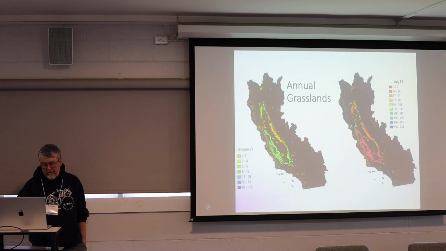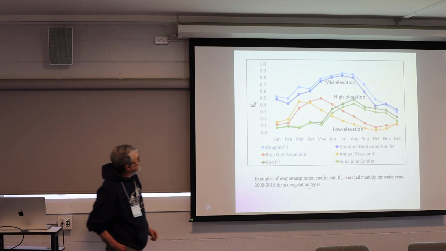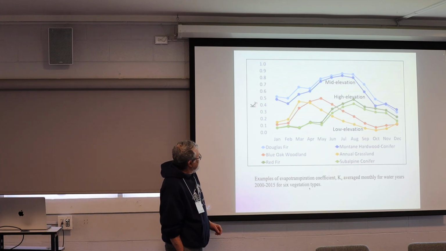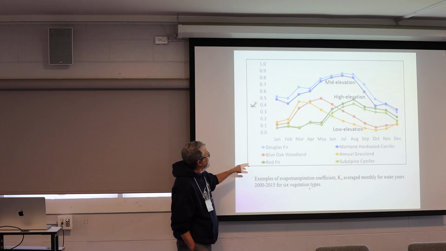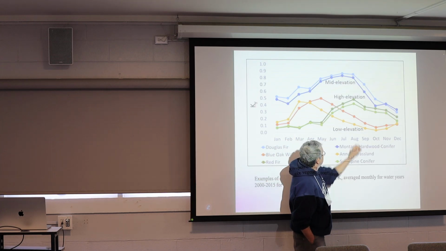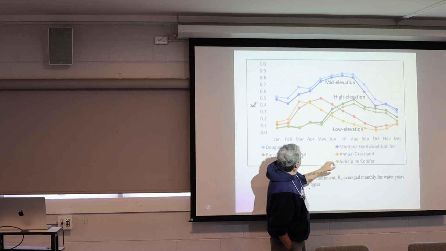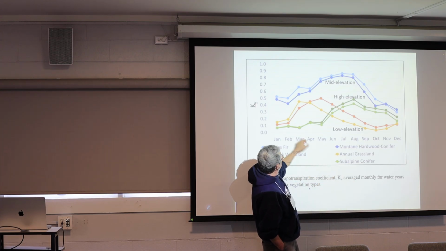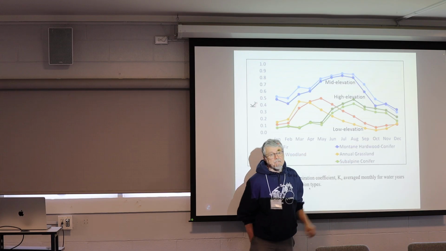And it allowed us to then, I think this is also interesting. So now here's our ET for different major vegetation types, right? The highest elevation ones are in green, and they're maxing out their ET somewhere in August, whereas the lower elevation annual grasslands and blue oak woodland are maxing out earlier in the spring, right?